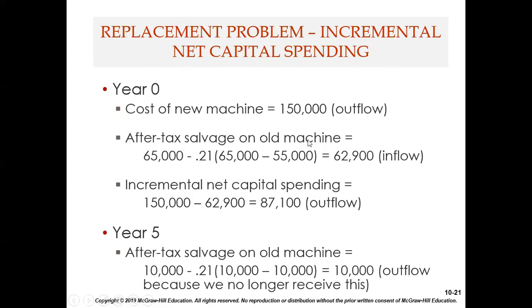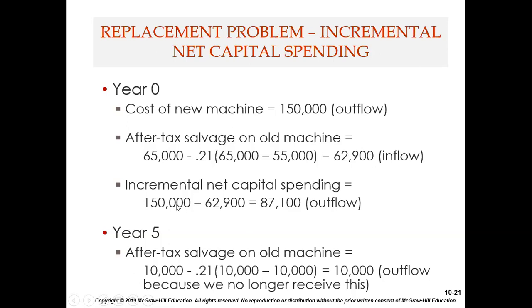So not all $65,000 will be taxed, only $10,000 of it. So 10,000 times 21% or 2,100 would be the amount of tax on that $65,000. So we would have a net inflow after paying the tax on that of $62,900.